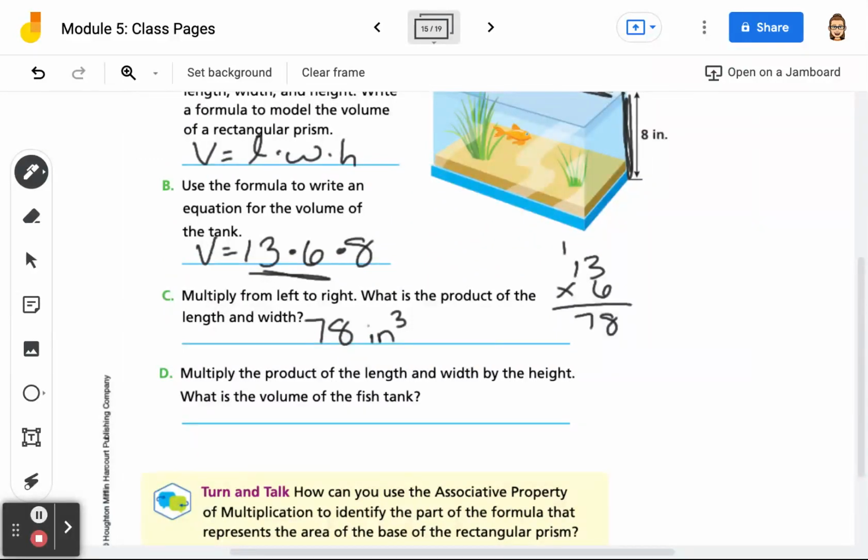So we have 78 times 8. 8 times 8 is 64. 8 times 7 is 56, plus 6 is 62. So we get 624 cubic inches, or inches cubed.